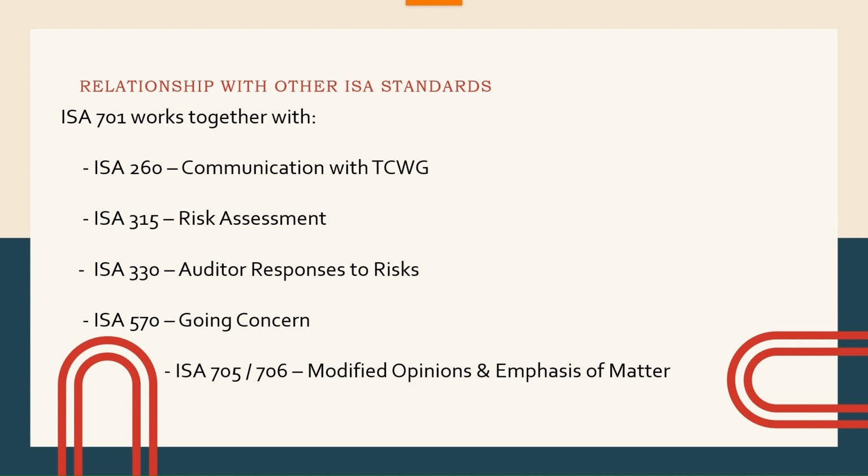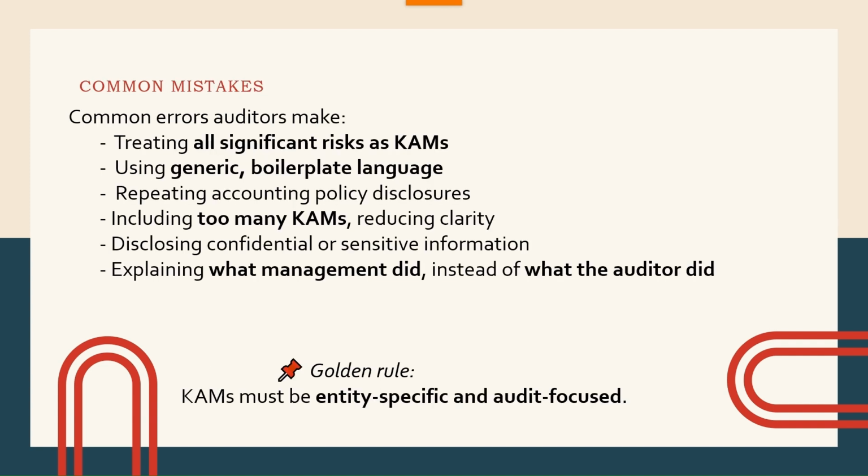Now let's look at the common mistakes the auditor should avoid, that mostly people make. One of the common mistakes is treating all significant risks as key audit matters. Another mistake is using generic language that does not explain the audit work clearly. Generic means vague, unclear information.